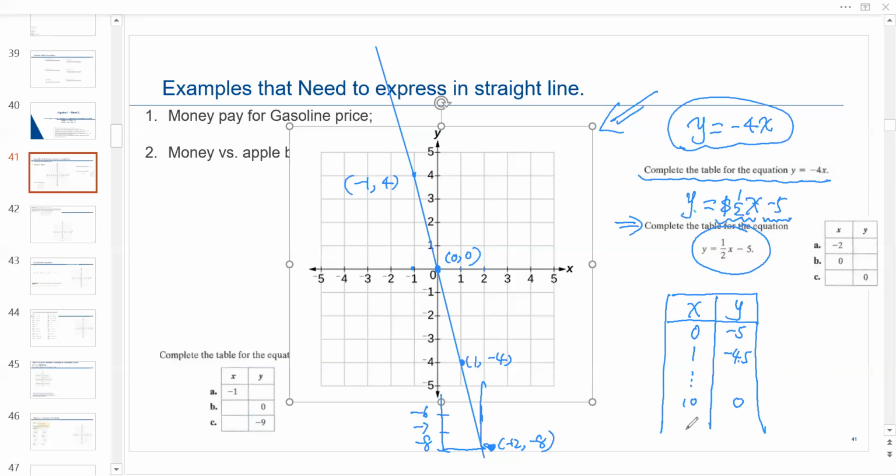If you buy 20, you only pay $5. Initially, you would need to pay $10, but since they have the promotion and give you $5 back, you only pay $5. So you can put it here: 0, -5, and 1, you get -4.5, and 10, you get 0, and 20, you get 5.